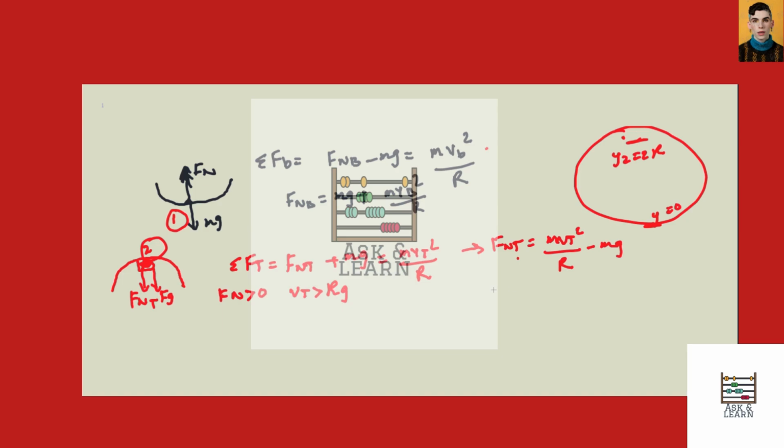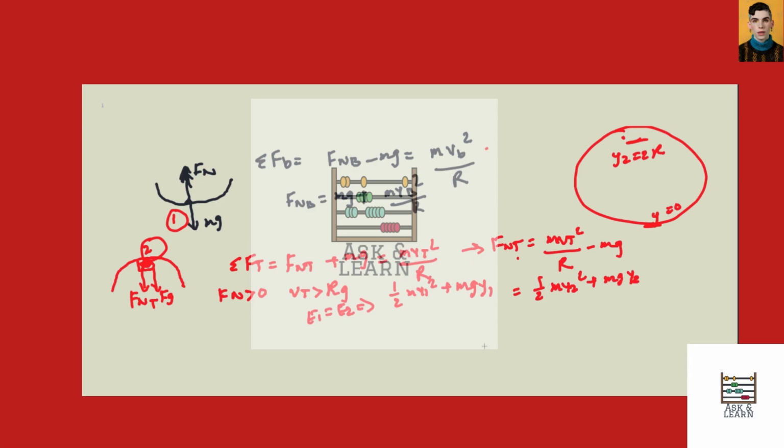So the total energy is conserved at these two locations. We write E1 equals E2, which implies that half m v1 squared plus m g y1 should be equal to half m v2 squared plus m g y2.